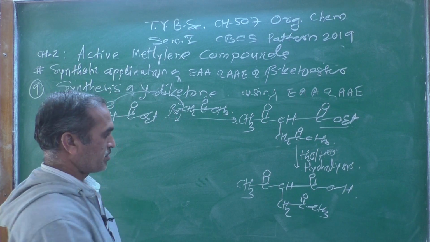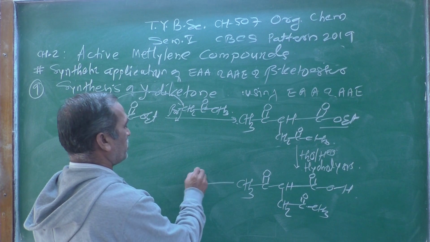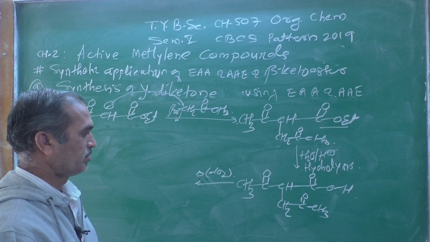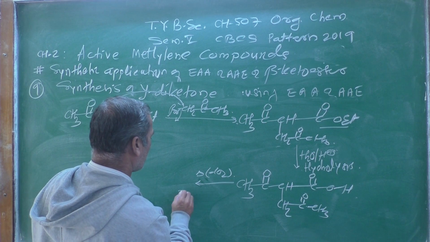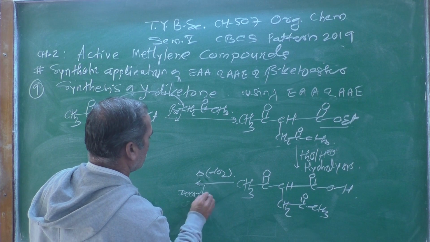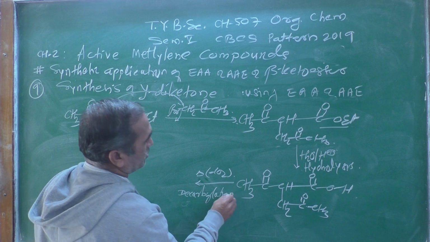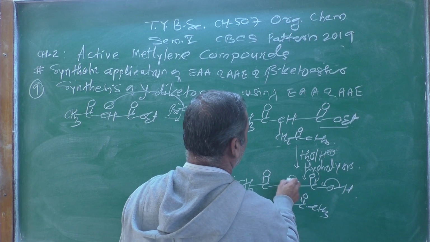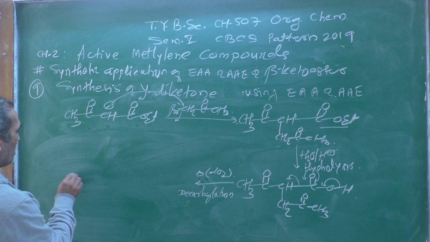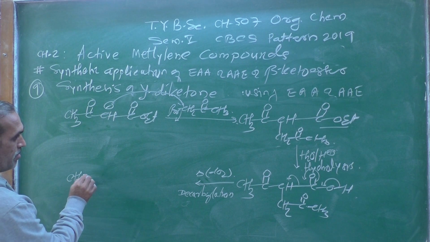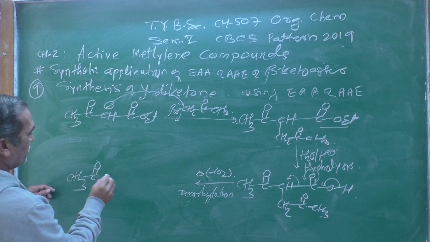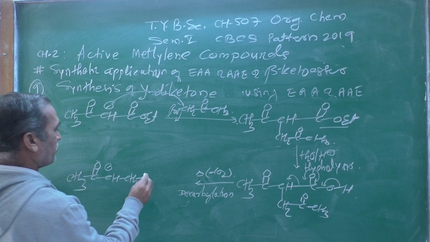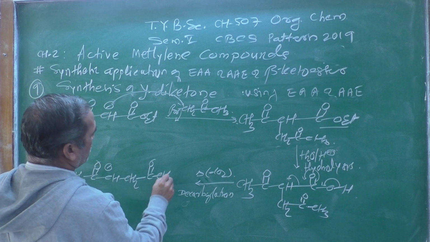Once you get the acid, and if you just heat it, there will be an elimination of carbon dioxide, and this process is known as decarboxylation. And once decarboxylation is carried out, you will end up with the product which we are going to get here, CH3, then C double bond O, CH minus, then CH2, then C double bond O, CH3.